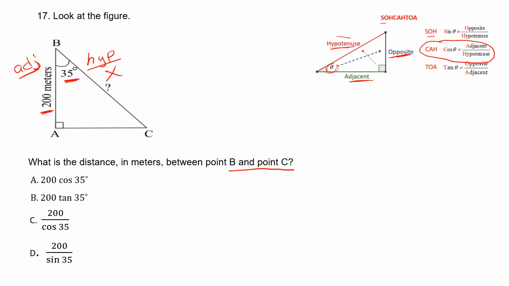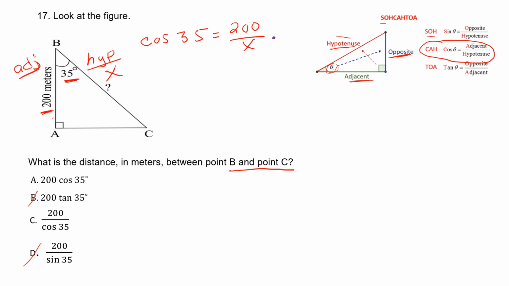So the way I would solve it, I know I have two down here that have cosine. So I could eliminate B and D. So cosine of my angle of 35 is equal to adjacent. So the adjacent side is the 200 meters over hypotenuse. So in order to solve, I'm going to use a different color.